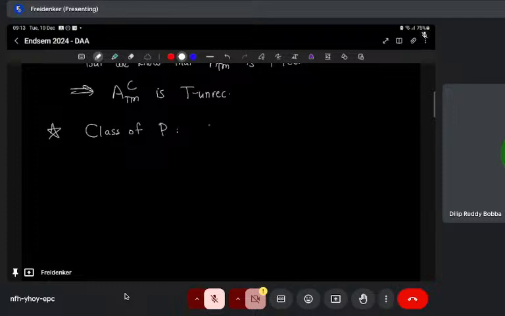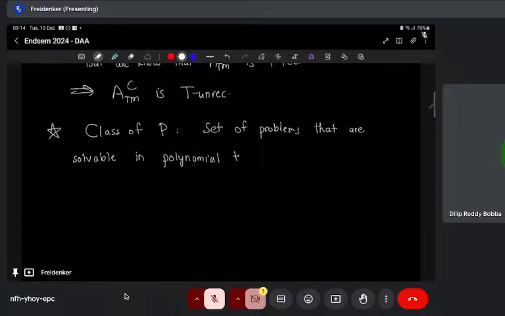Class of P is the set of problems that are solvable in polynomial time by a deterministic Turing machine with a single tape.